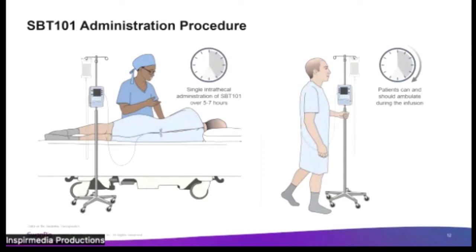And this is a very common type of procedure to do, a lumbar puncture. For example, an epidural that happens during childbirth uses a very similar approach of injecting something into the spinal area. And so this is how this would be delivered, and it also helps ensure that the drug goes directly to the areas that need it before it goes anywhere else in the body.